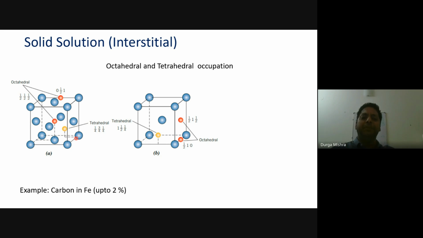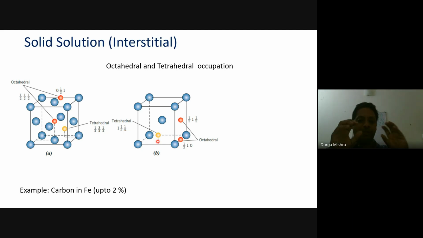If I take BCC, for example, the coordinates for tetrahedral and octahedral sites change. In this case, the octahedral sites are along the edge, which is still there, and the octahedral site can also be at one of the faces. Similarly, the tetrahedral site will be given by the coordinate 1, 1/2, and 1/4.